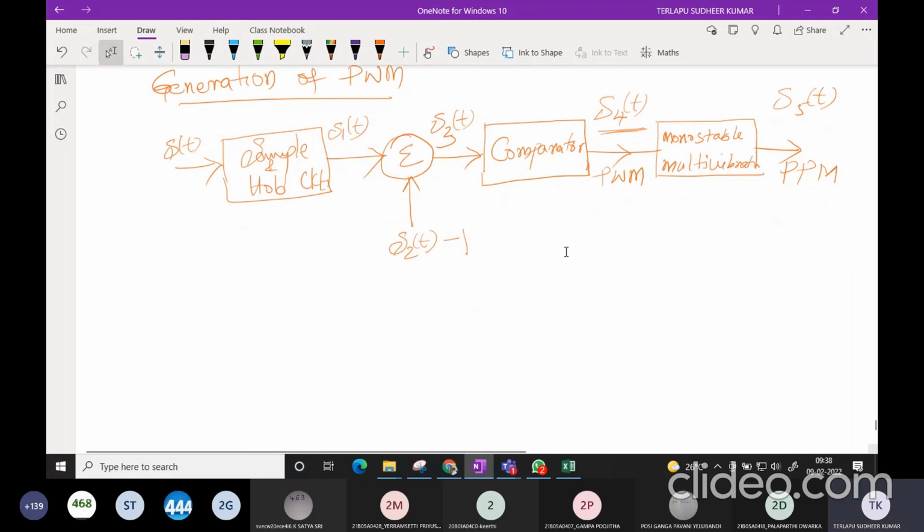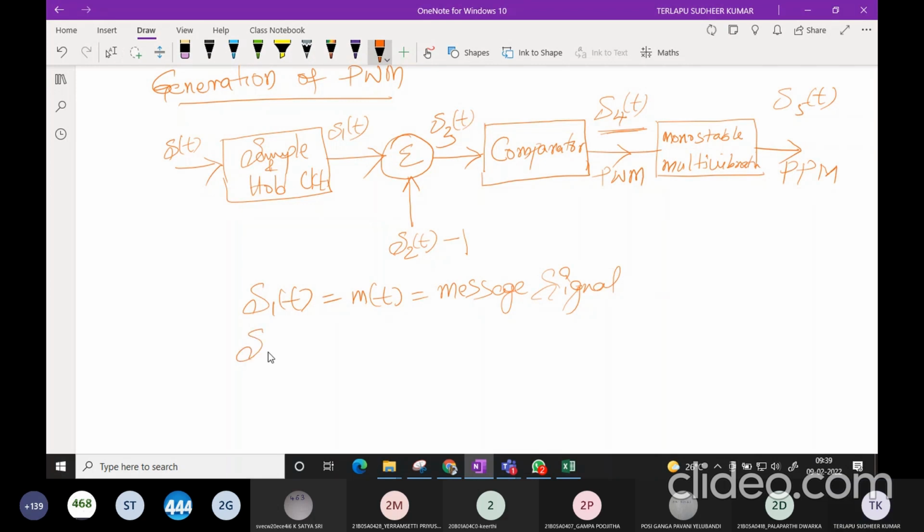So let me define first these S1, S2, S3, S4. What is S1? S1 is your m of t, or the message signal. Fine. Then what is S2? S2 of t is a sawtooth waveform.